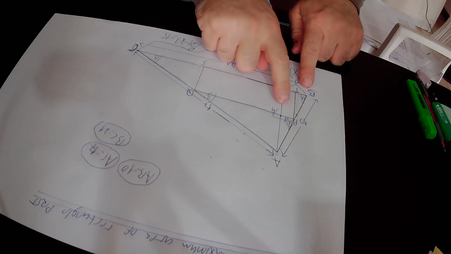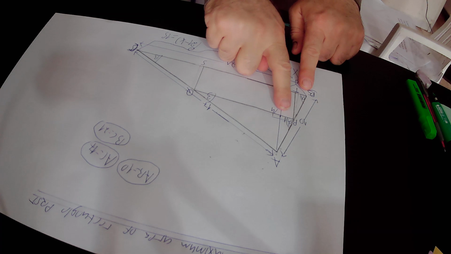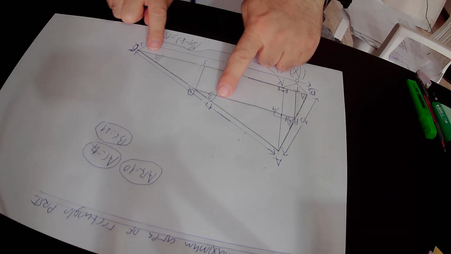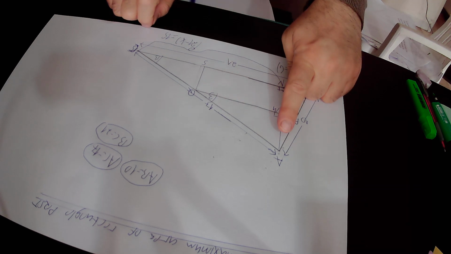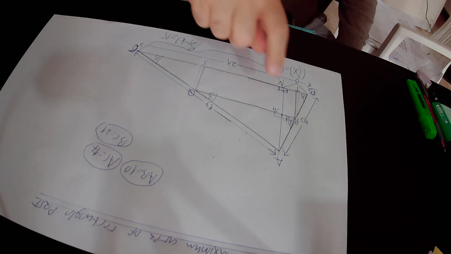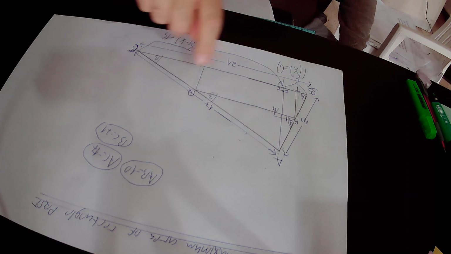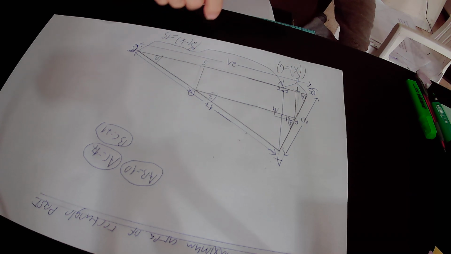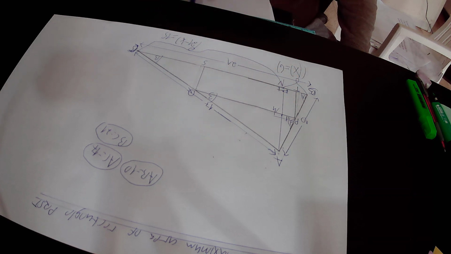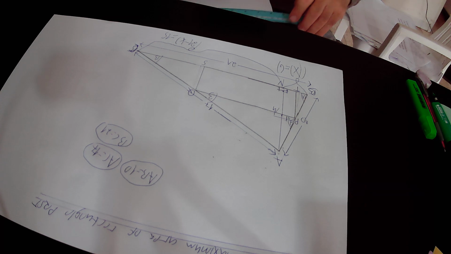First of all, those two angles are both equal to alpha, therefore they are equal to each other. In addition, those two angles are both equal to beta, therefore they are equal to each other. And finally, this angle is a common angle that belongs to both triangles, so this angle equals itself. So we found out that all the angles of the big triangle ABC are correspondingly equal to all the angles of this triangle APQ, and therefore those two triangles are similar to each other according to the angle similarity rule.